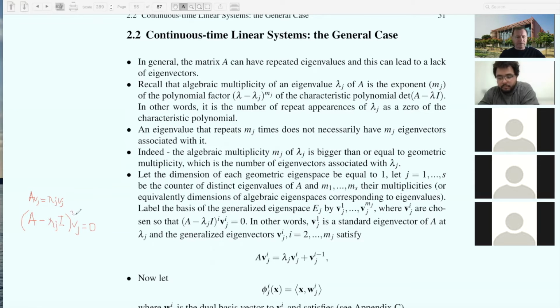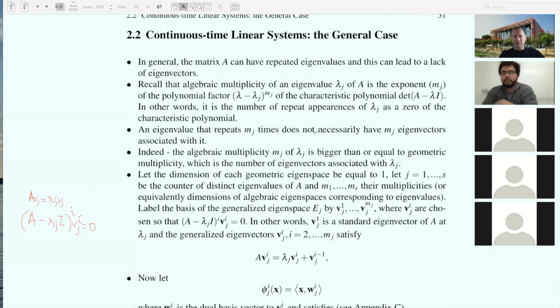But if you put this on power i and put i here, then that equation actually defines generalized eigenvectors Vji. The idea is that for each eigenvalue lambda j, now you have mj generalized eigenvectors.